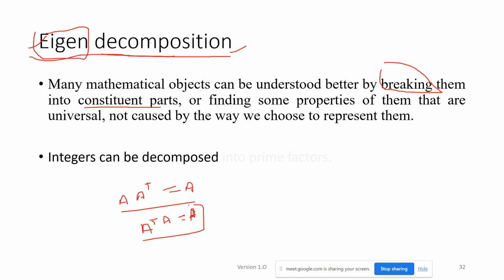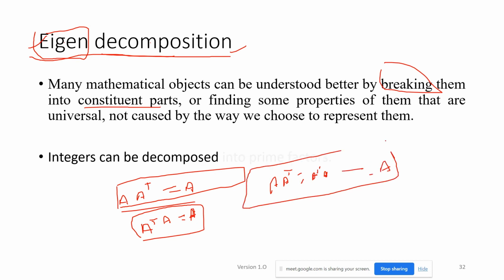When the matrix satisfies this condition, A transpose equals A, then we can say that it is a symmetric matrix.